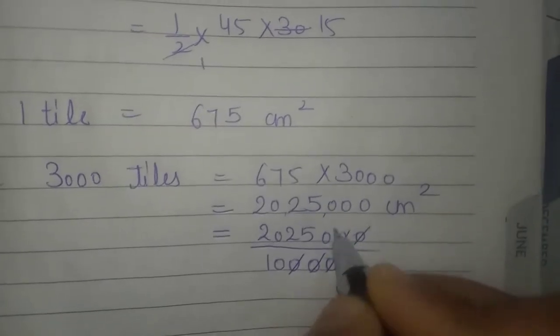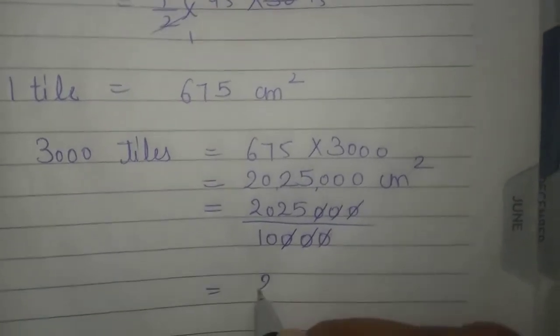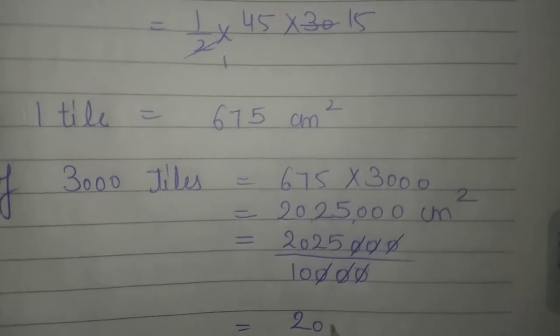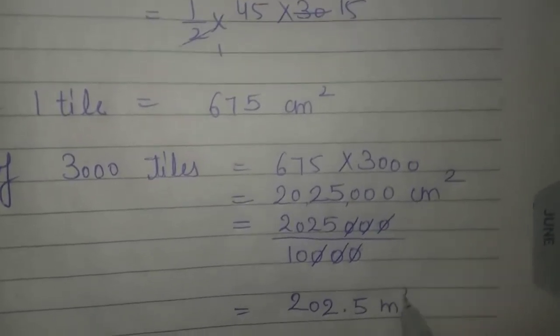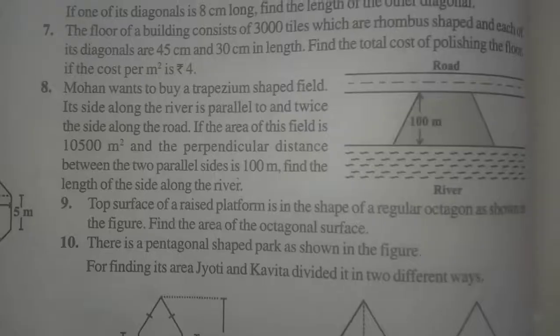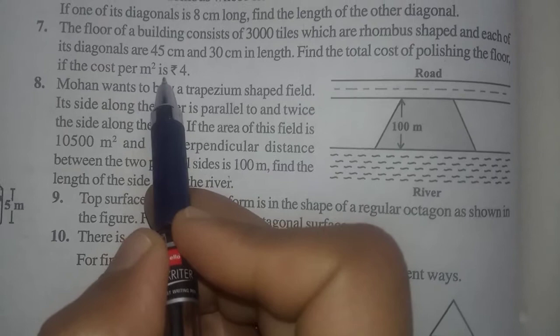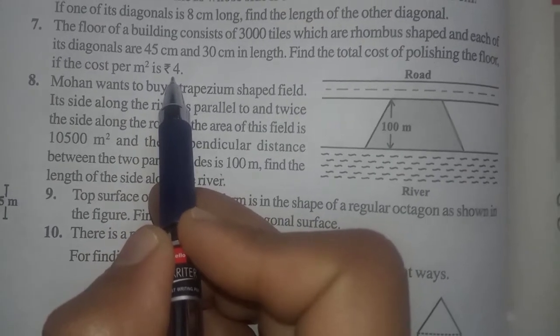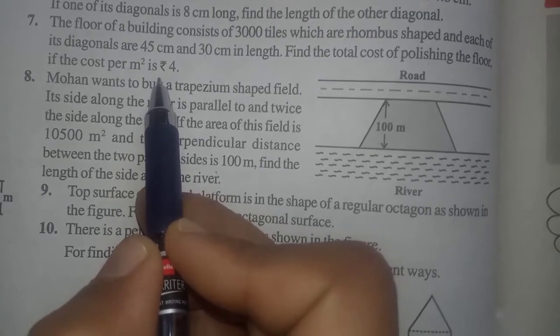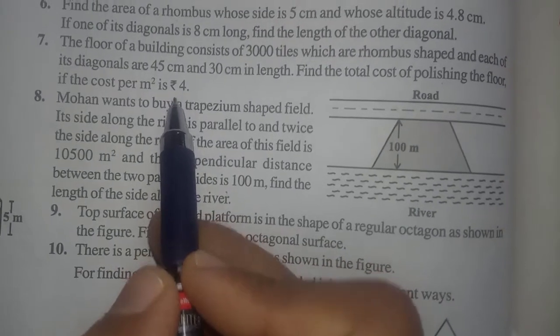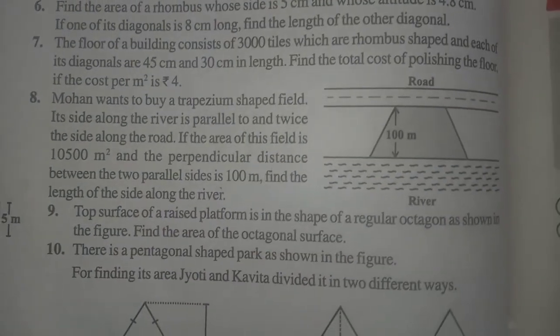We get 202.5 meter square. Now here we have per meter square cost is rupees 4. So we have to calculate the cost of 202.5 meter square, which area we have already calculated.